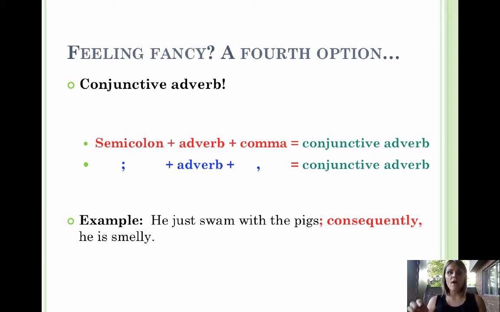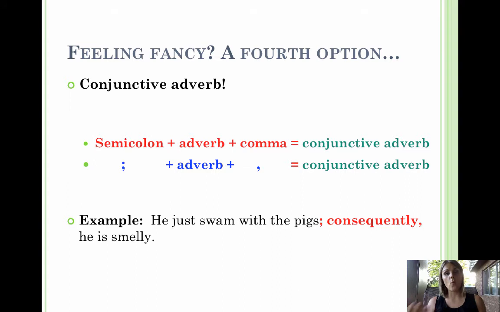And the formula for a conjunctive adverb is you use a semicolon after the first complete sentence, and then an adverb, usually words that end in ly, or words like however, therefore, nevertheless, followed by a comma, and that's a conjunctive adverb, okay?